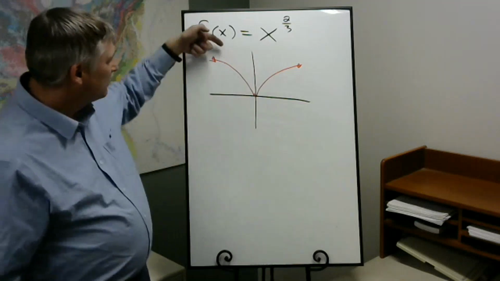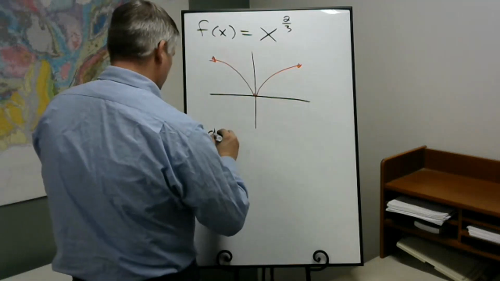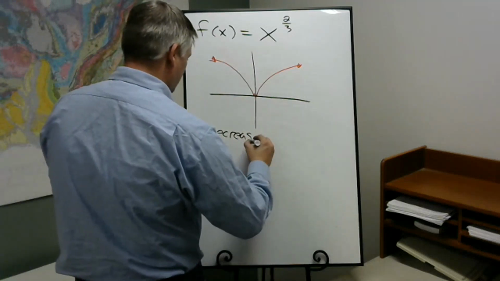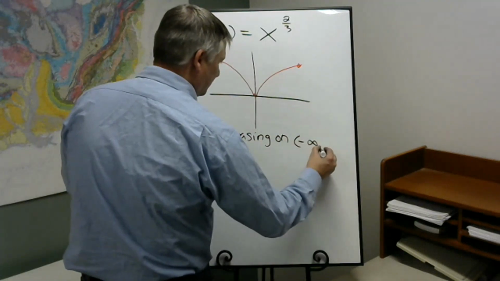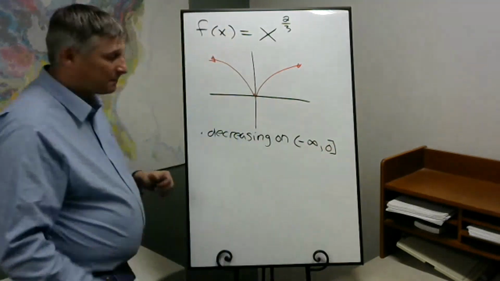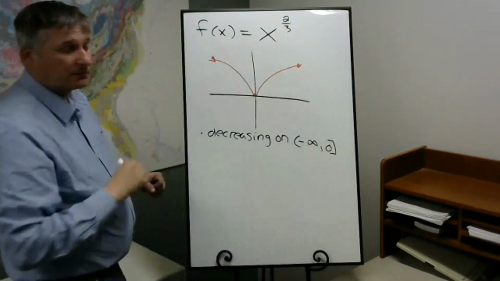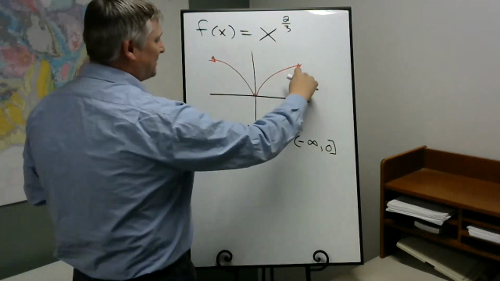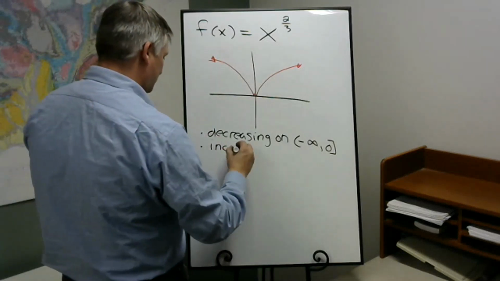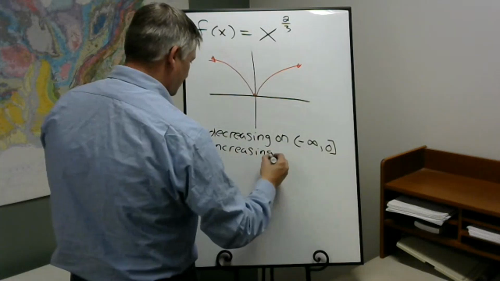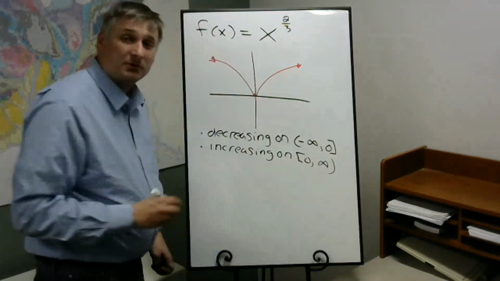As you go left to right, you're dropping in value along the y-axis. So it's decreasing on negative infinity to 0. And then, again, starting at 0, you're always increasing, getting higher along the y-axis as you go left to right. So you're increasing on 0 to infinity.